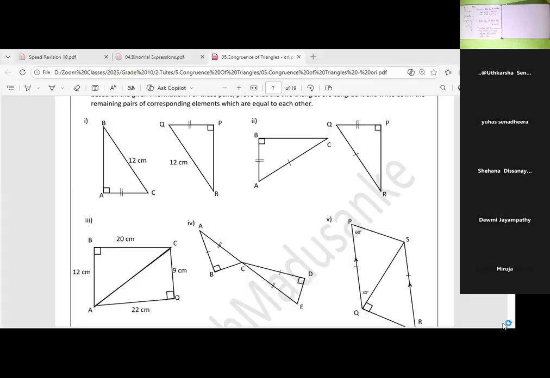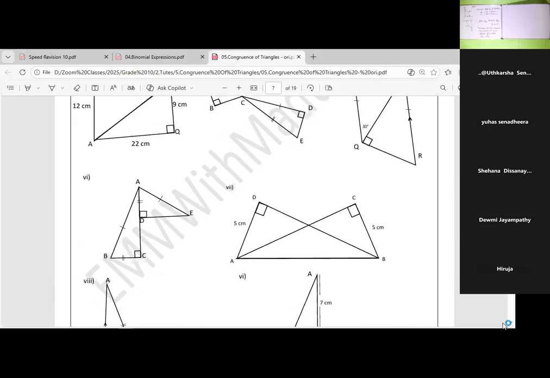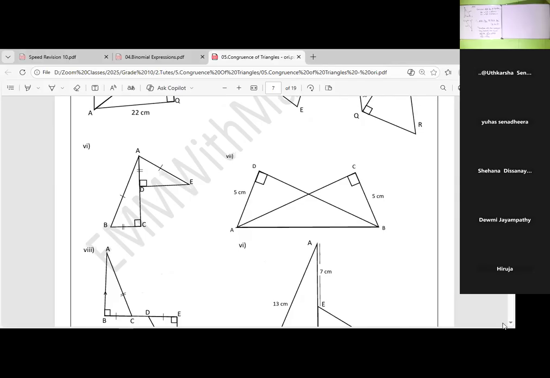Okay. Do this one. You have to practice by doing these. Do this 7th one.